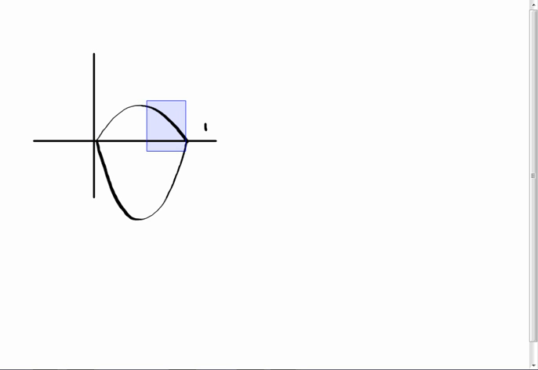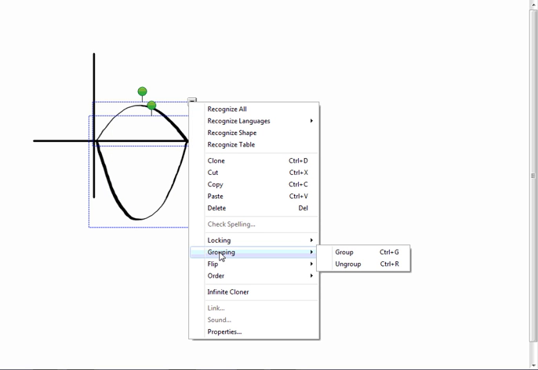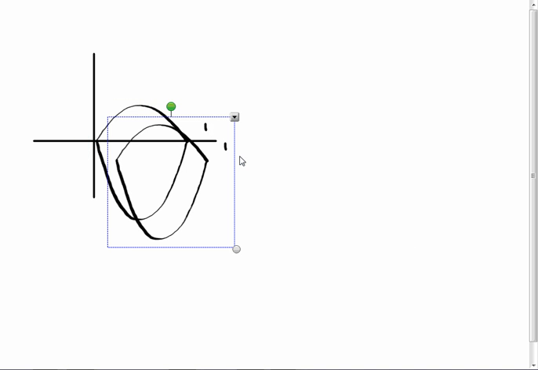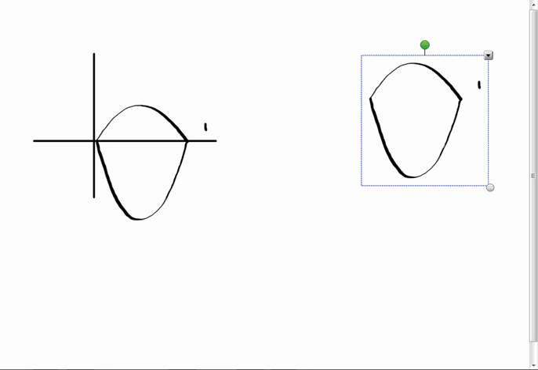Do the whole thing, area 2? Okay. A. Find the area of the shaded region.